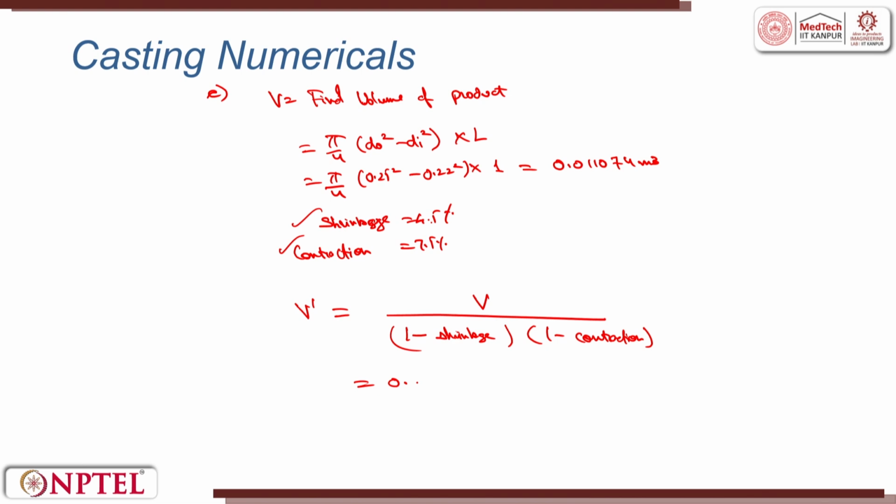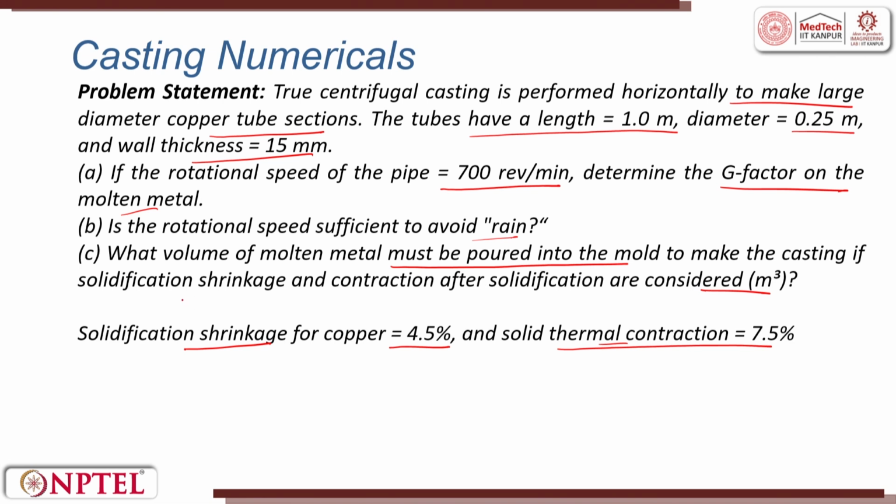So this is equal to 0.011074 by 1 minus 4.5 by 100 into 1 minus 7.5 by 100. This gives me the final volume as 0.012536 meter cube. So, this is the volume that is required so that shrinkage and contraction are considered. It does not bring any cavity or any void space in the casting.